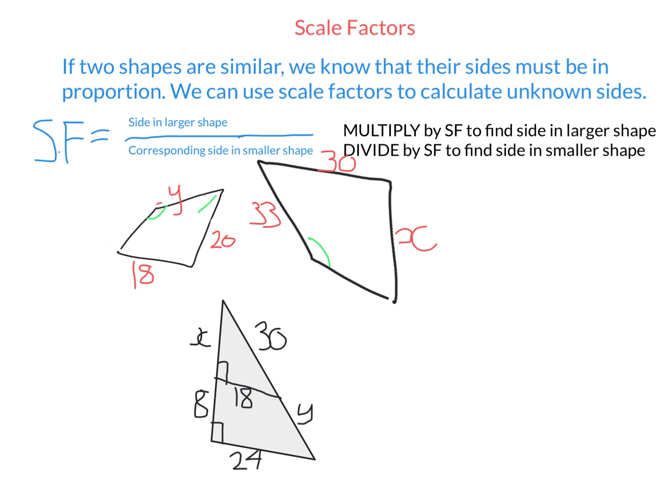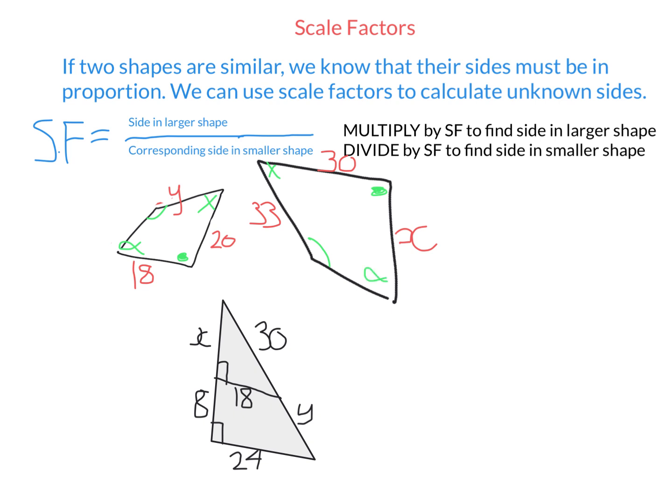This one here looks to be the smallest angle, so it will correspond to the smallest angle of the larger shape. So you can see this angle here is basically directly opposite the largest angle, so it's going to be directly opposite the largest angle in this larger shape here, and I'll just call this one alpha.